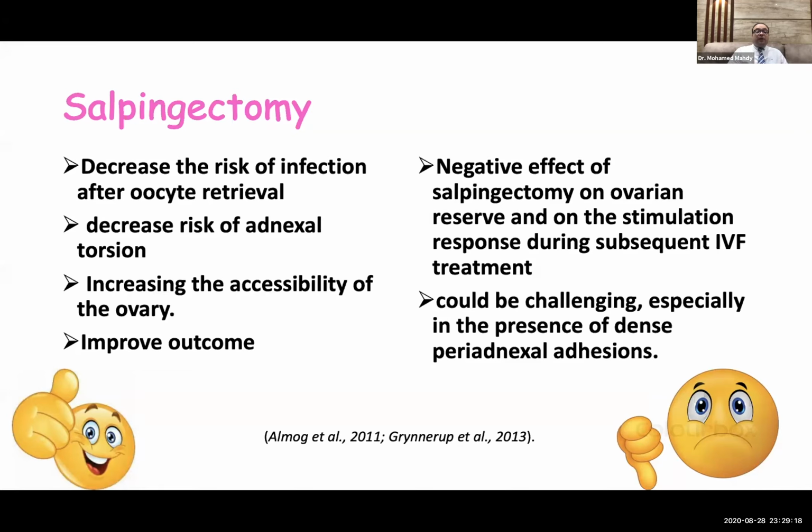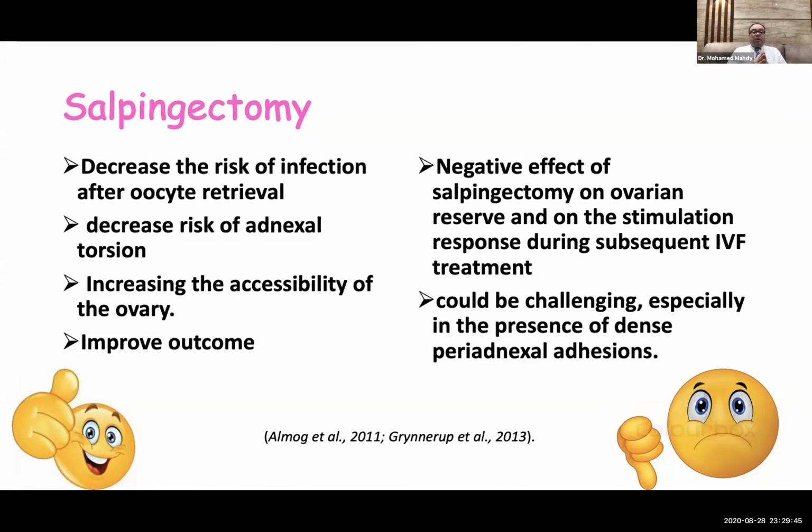Also it decreases the risk of adnexal torsion. A distended fallopian tube that is disconnected from the uterine cavity is free at both ends, so it can twist easily, especially with enlarged ovaries. By removing the tube, you avoid the risk of adnexal torsion. Also it increases the accessibility of the ovary, because a huge tube may distort the anatomy and make ovum pickup very difficult.